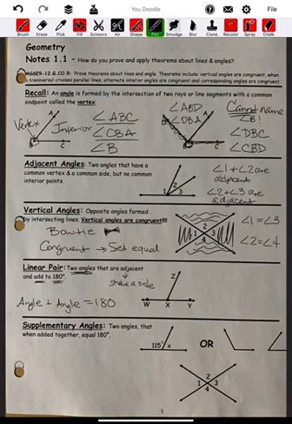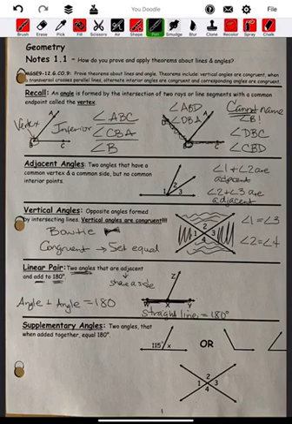Okay. So basically, 180 degrees can also be written, and this is what I was going to talk about a little later, as a straight line. If you have a straight line, its measurement is 180 degrees. And if the bottoms of your two angles form a straight line, then it's a linear pair.